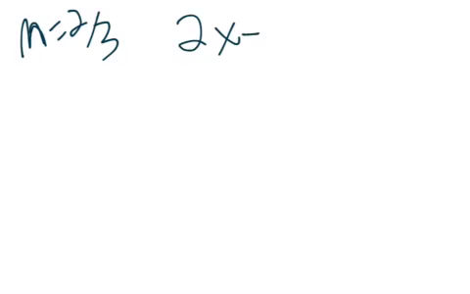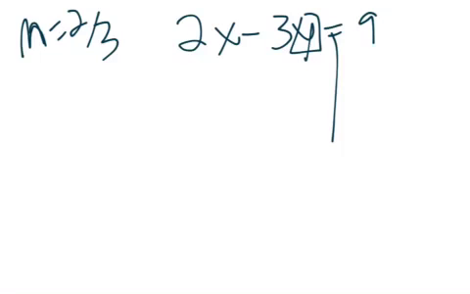So let's try C. Again, we're trying to get an m of 2/3. C says 2x minus 3y equals 9. Again, I need to get y by itself. If you have an equation in standard form, which is what this is, and you need to find slope, you need to put it in slope-intercept form.